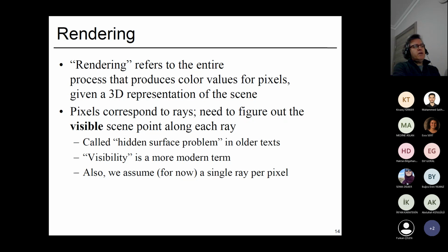As we have seen, rendering refers to the entire process that produces a color value for pixels given the 3D representation of our scene. Again, in the context of augmented reality, we have two parts of the scene that we are interested in. One part we use for generating the virtual objects image.